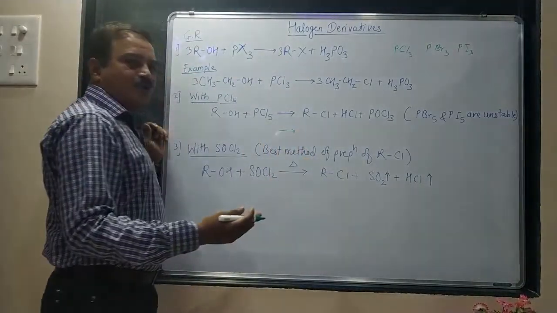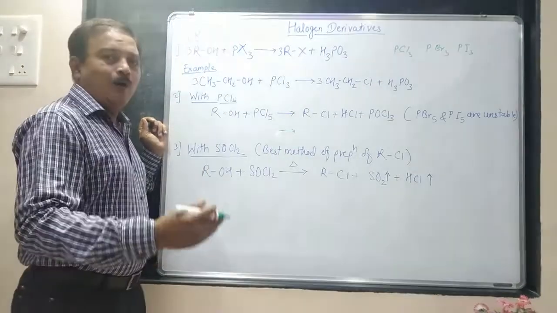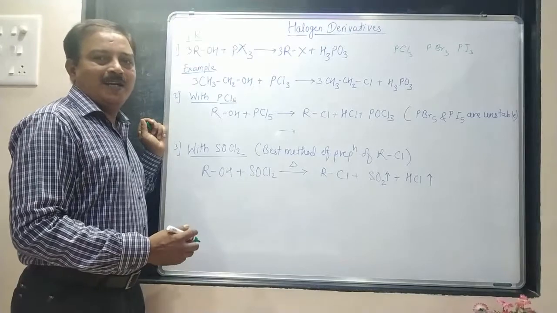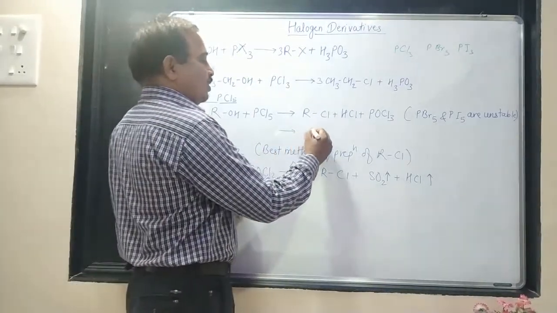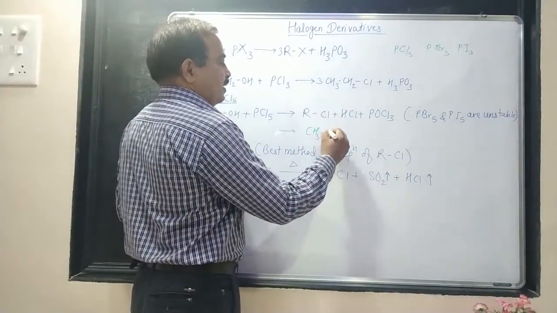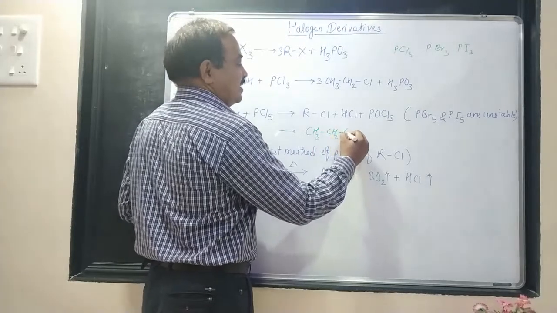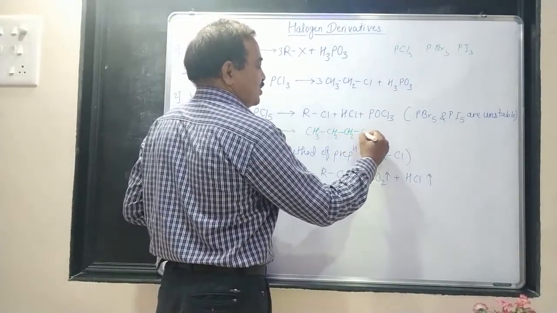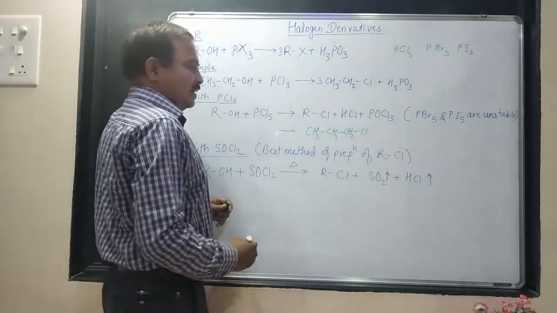Suppose this question is asked in an examination: how can N-propyl chloride be prepared by using phosphorus pentachloride? First of all, I will draw the structure of the product asked in the examination, and that is CH3CH2CH2Cl, my N-propyl chloride.